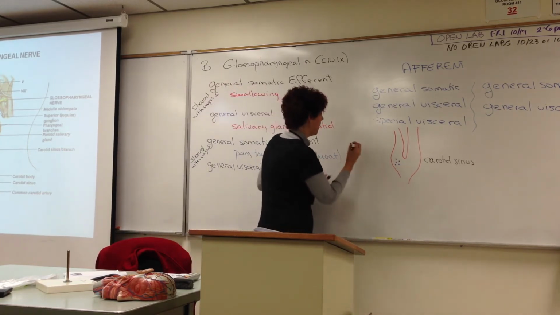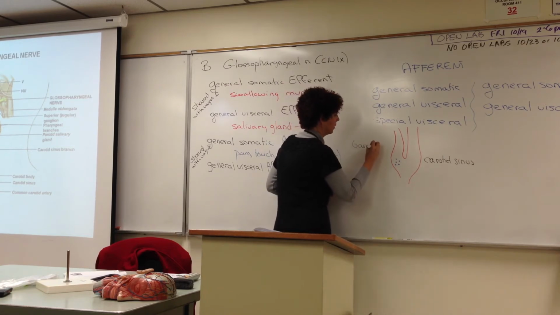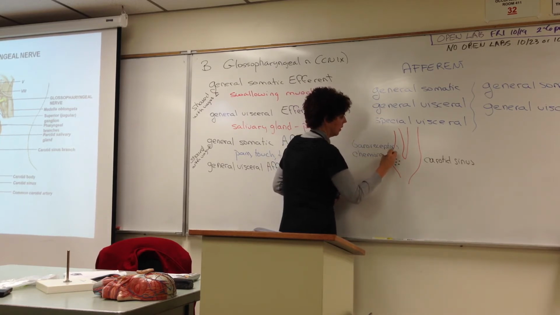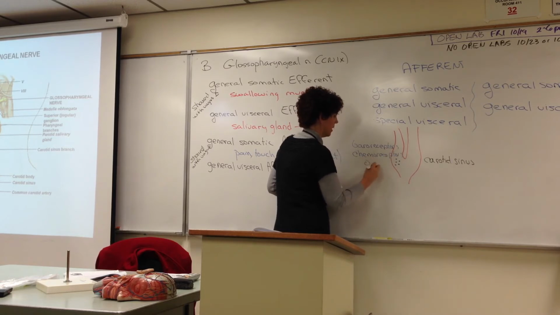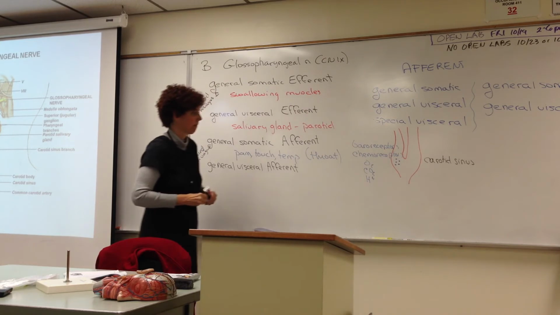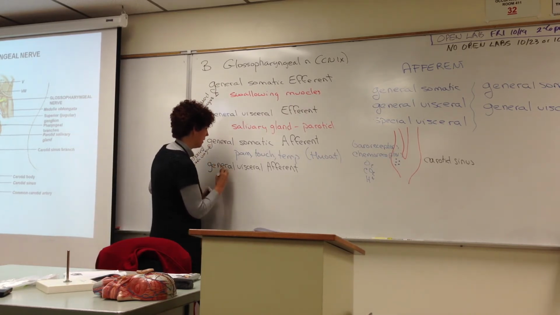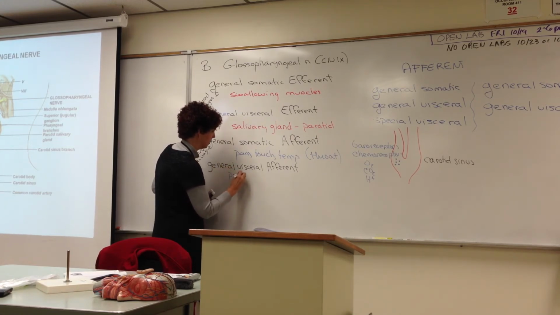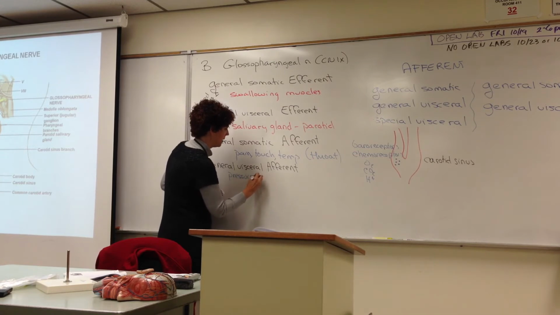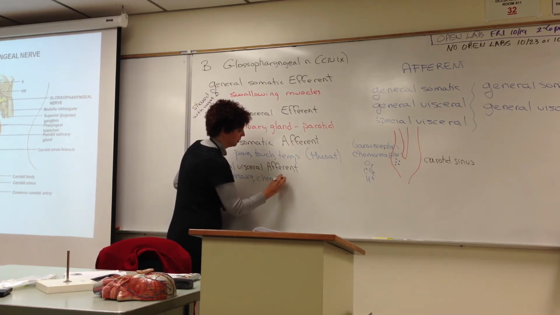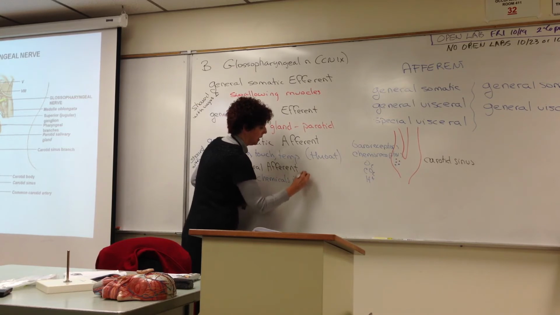So we have baroreceptors, or blood pressure, and chemoreceptors for oxygen, carbon dioxide, and hydrogen ions. So that's physiology for next semester. So I'm just going to put here that it's sensitive to pressure and chemicals in the blood.